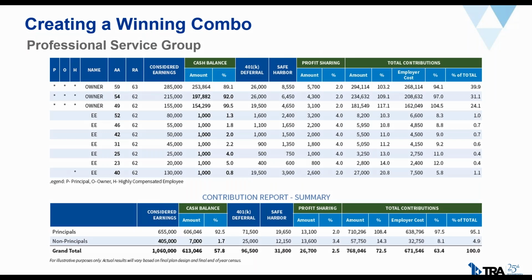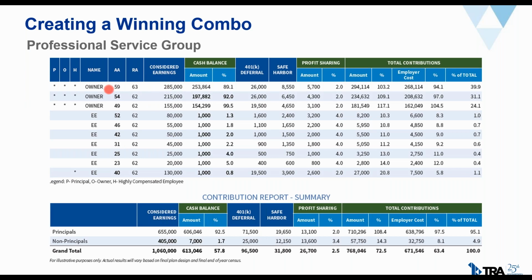This happens to be a professional organization, a professional dental organization. And we're going to walk from left to right across these columns because this is exactly what Cash Balance Basics, our slide on the front end of our presentation, was all about. So you'll see under considered earnings, we have three owners, one at 285, one at 215, one at 155, and they're also different ages.